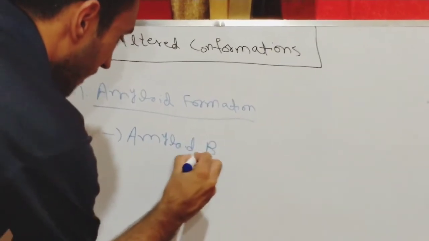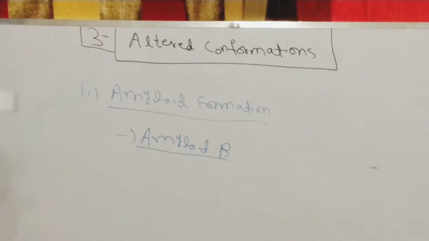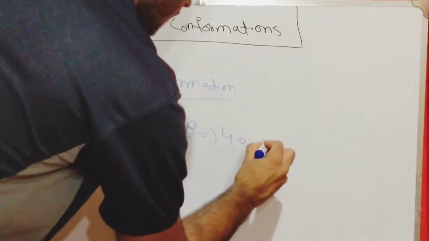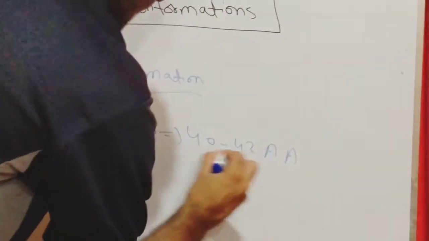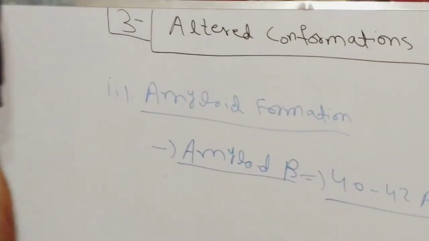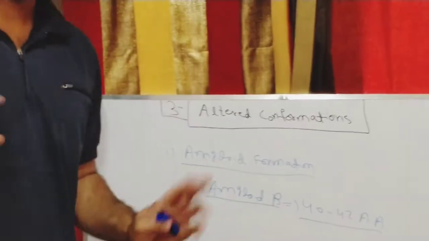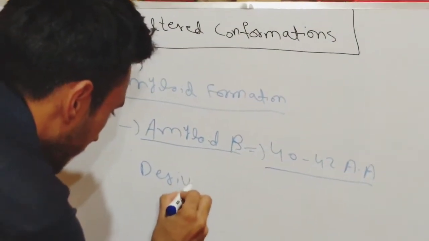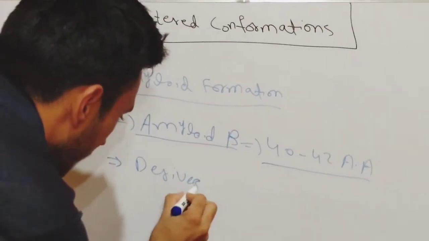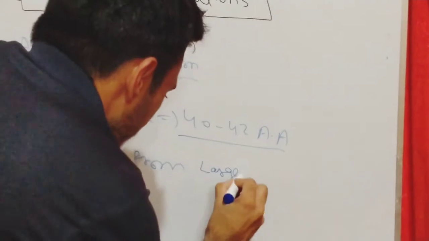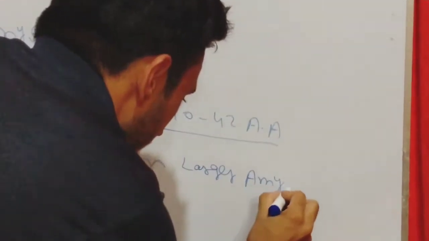This amyloid beta is a substance consisting of 42 amino acids, and it is derived from the larger amyloid precursor protein.